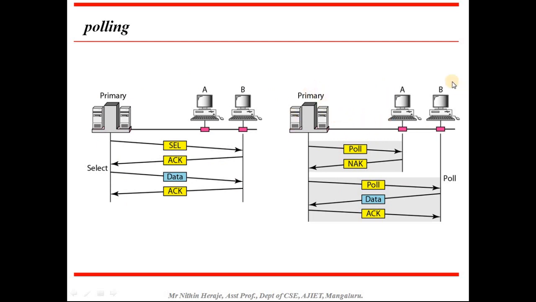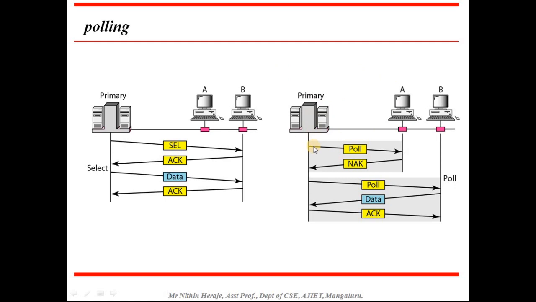In this particular scenario, the primary station is going to ask if any node has any data to send. So for the data transfer from station to primary station, polling is used.